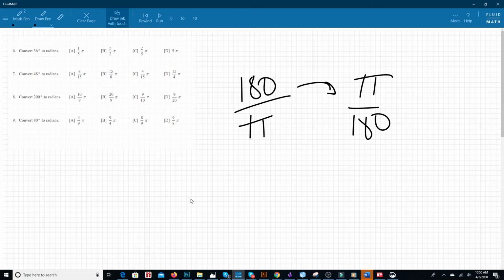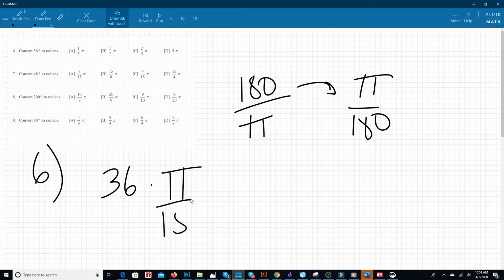All right, so it's going to be 36 times pi over 180. Cross out here, cross out here. 36 can go into 180 how many times? 180 divided by 36, 5 times, right?